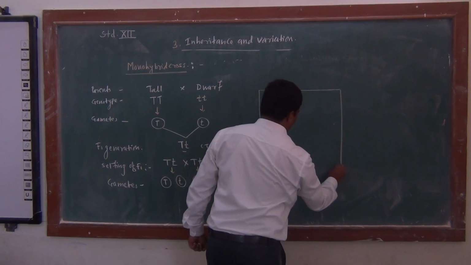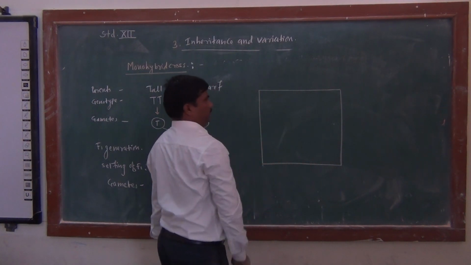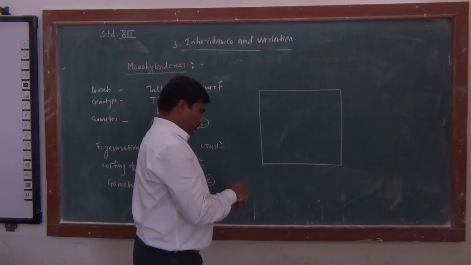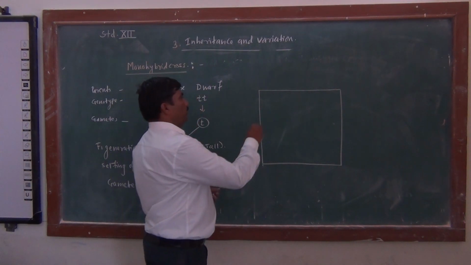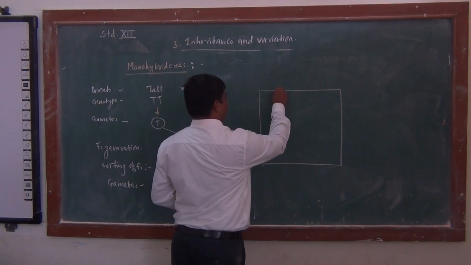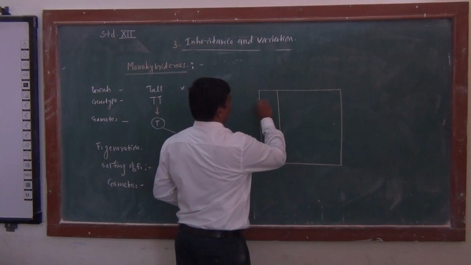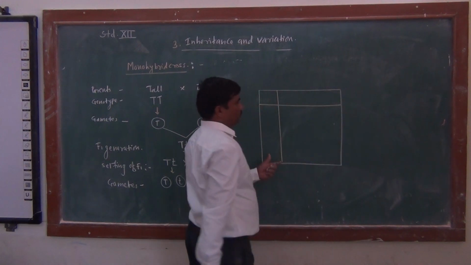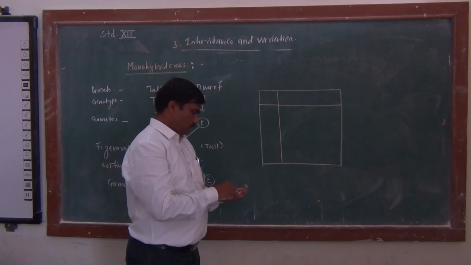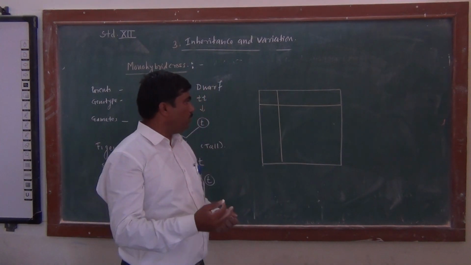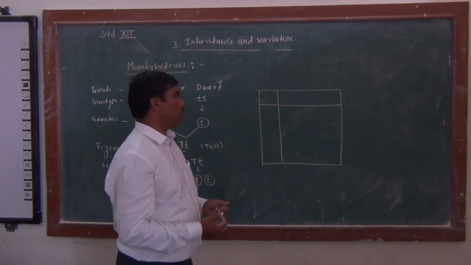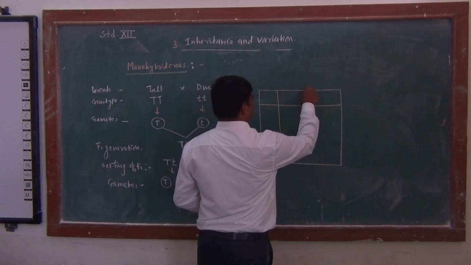you find out the F2 offspring. The Punnett checkerboard was given by the scientist Punnett. It is a box diagram by which you obtain the progeny, or zygotes, of the F1 generation.